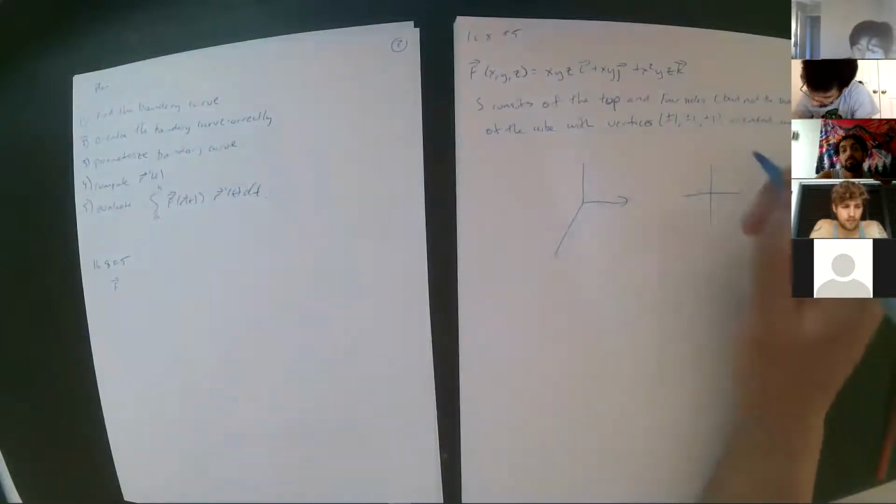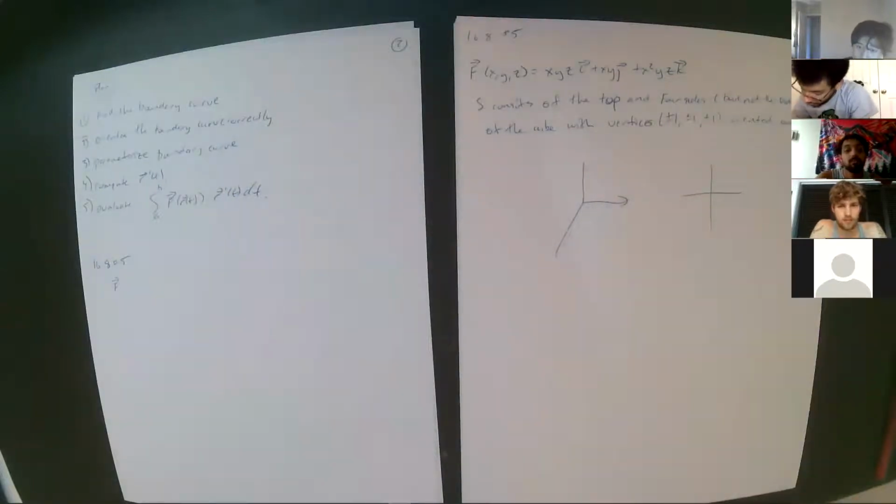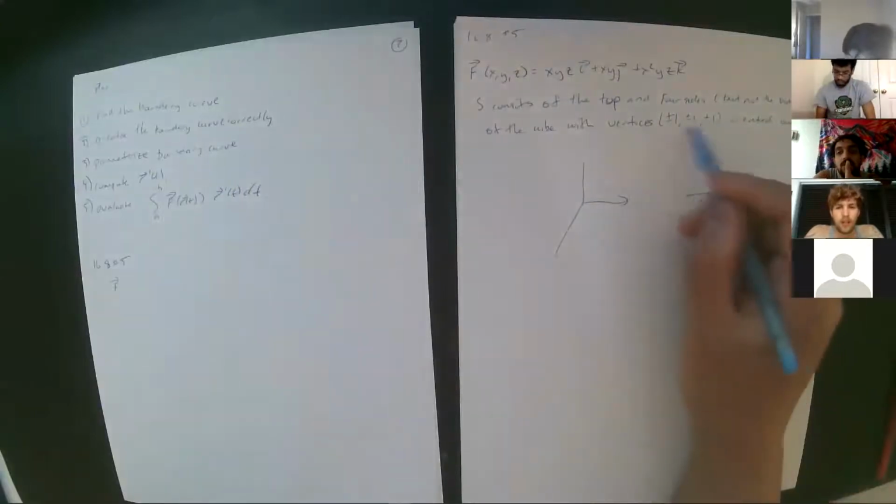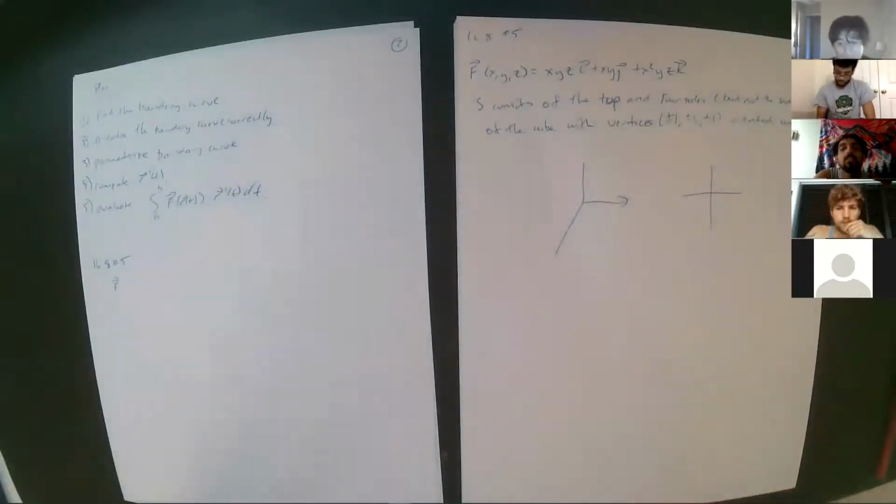What is the boundary curve? It's a square. What is its z value? In this case, I guess 0, because... Where are the corners of the box? The cube has 8 points.